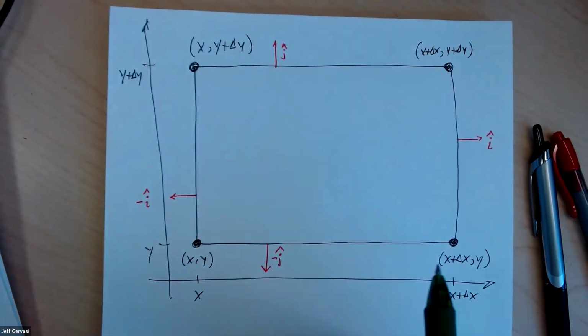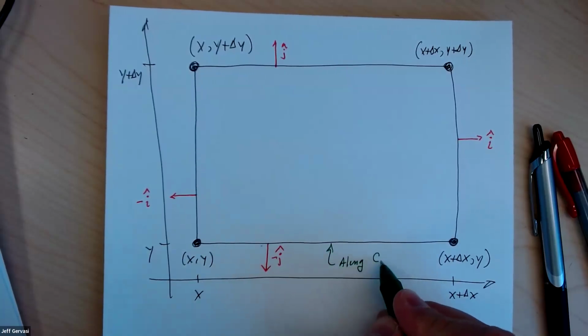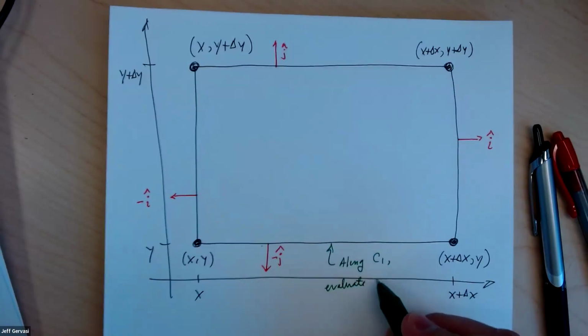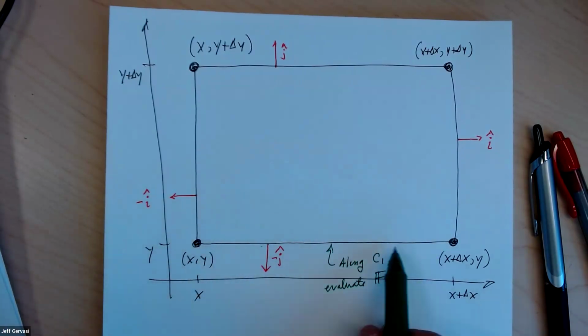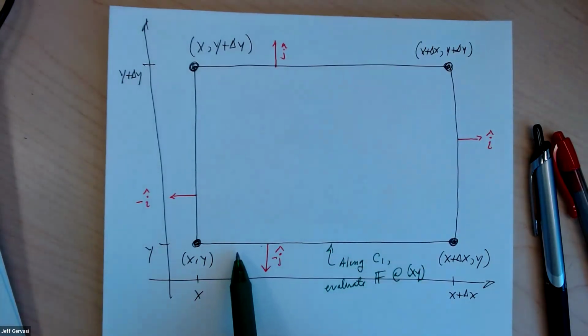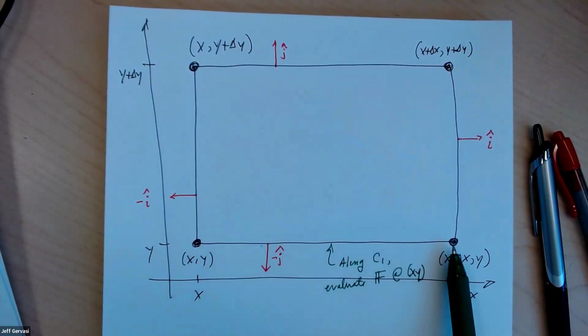I'm going to say that along this curve, which I'll call C1, I'm going to evaluate my force at the left end of the interval, x, y. The value of the force is essentially the same at every point along this horizontal line. I choose the left end.